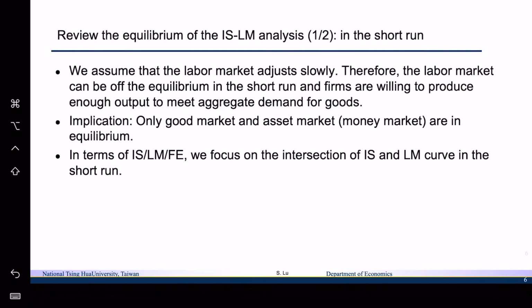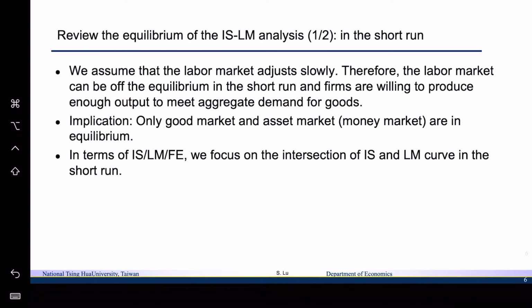So now before we start to talk about the examples, let's review the equilibrium of the IS-LM analysis we learned last time. We said that in the short run, we assume that the labor market adjusts slowly. Therefore, the labor market can be off the equilibrium in the short run, and the firms are still willing to produce enough output to meet the aggregate demand for goods.